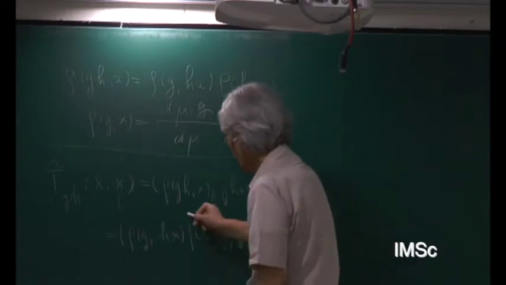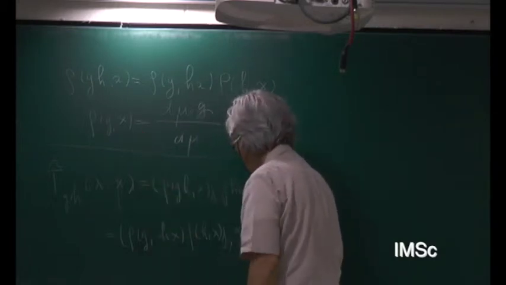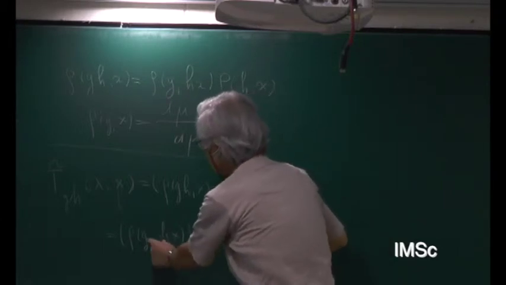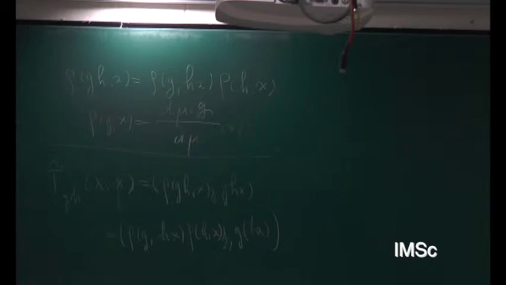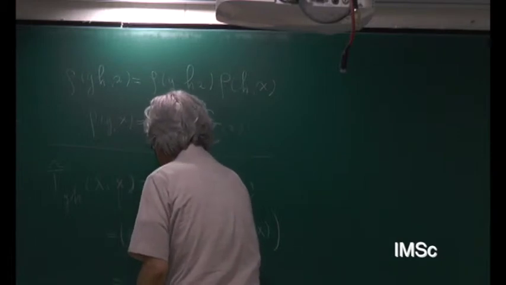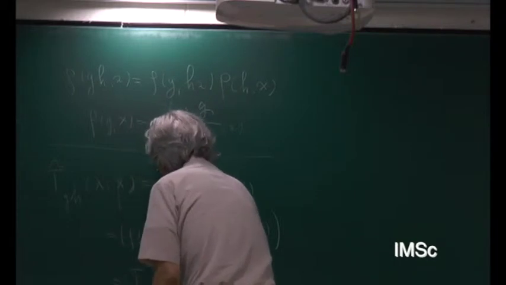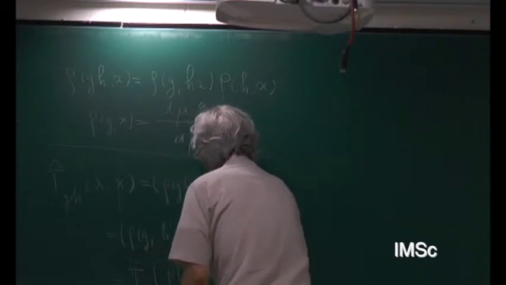You look at this as a new point in the positive real line, and g times h x, that's the definition of T tilde g: you forget g, take g x, and translate lambda by rho g x. So this is T tilde g acting on (rho h x lambda, h x).